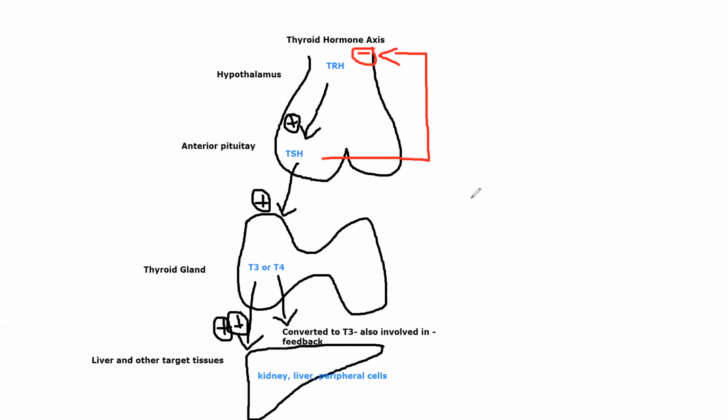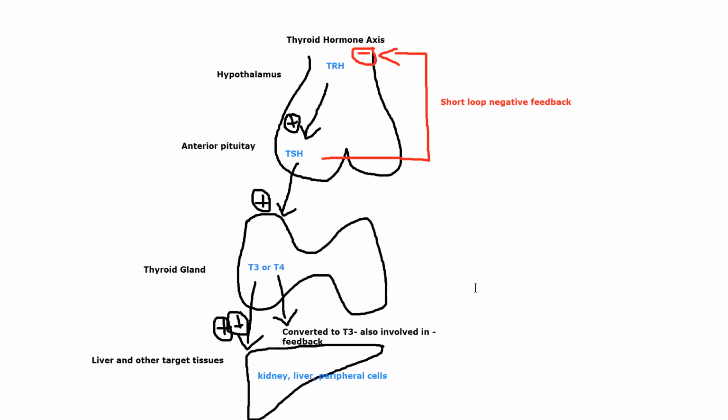And we describe this as being a short loop because it's coming just from the anterior pituitary onto the hypothalamus. Okay, so this is our short loop negative feedback. And so if we have excess quantities of TSH, then we can slow down the production of TRH. And so we turn off that production via the short loop negative feedback.